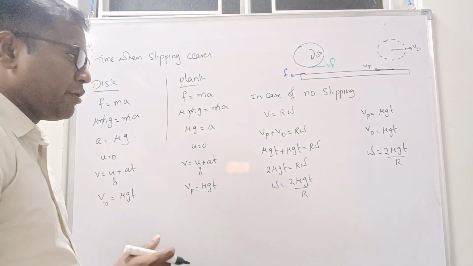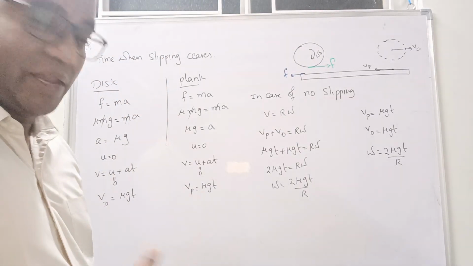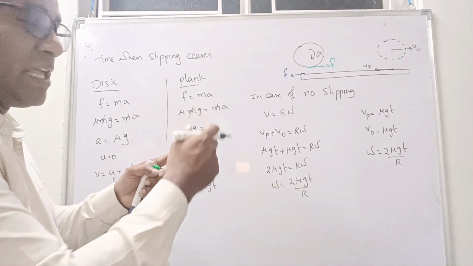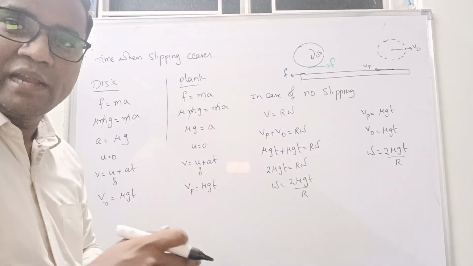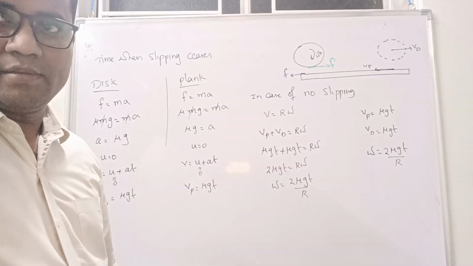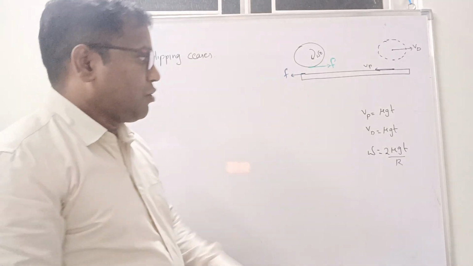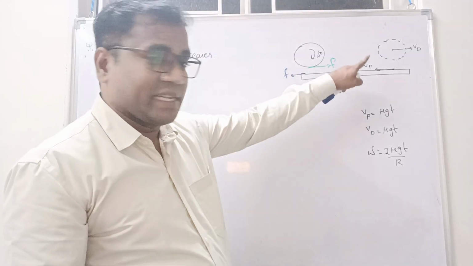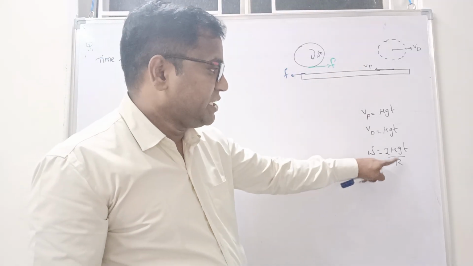So now we have to calculate the time. This was translational, so I will write the equation for the rotational. We got the velocity of the plank, the velocity of the disk, and omega at that instant t, which is 2 mu gt by r.